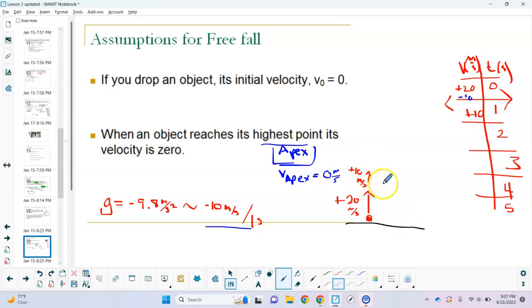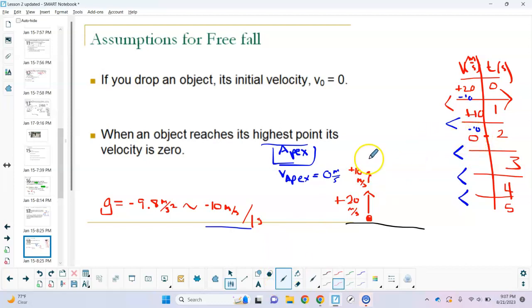So it's still going up, but with a smaller velocity. If I go by another second and subtract off another 10, and I'll be doing that change for all of these, when I go from positive 10 minus 10, I will get 0, not positive 10. If I have 10 and I take away 10, or add a negative 10 to it, I get 0.